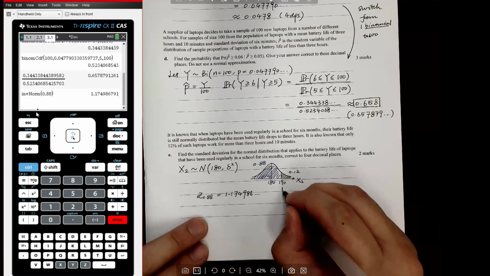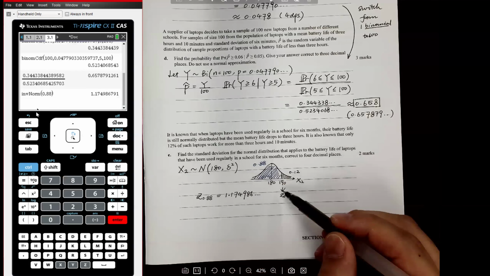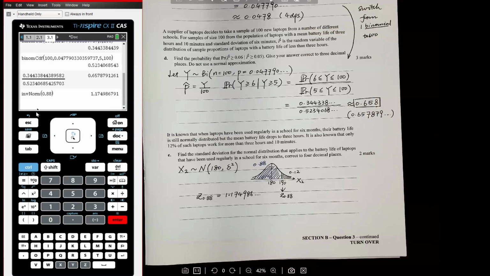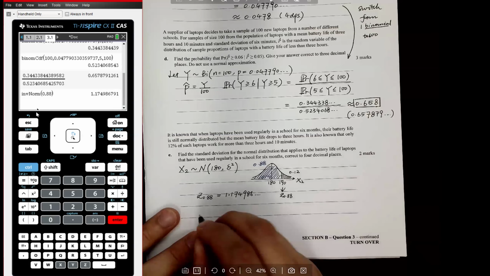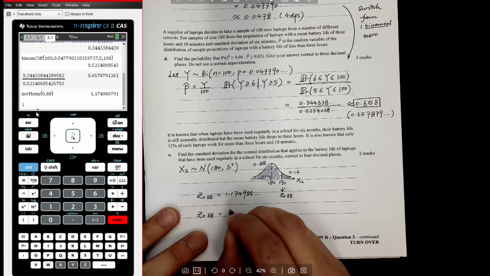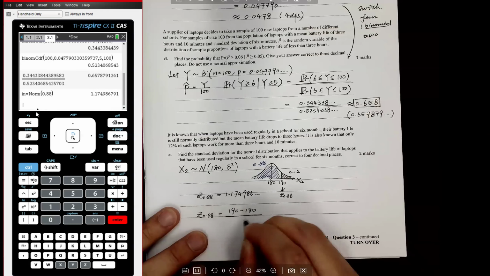And according to the conversion between a general normal and a standard normal, this number 190 can be converted to this z-score by using the formula z equals 190 minus the mean value, 180, divided by sigma.